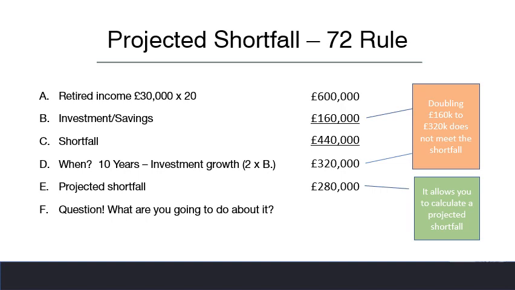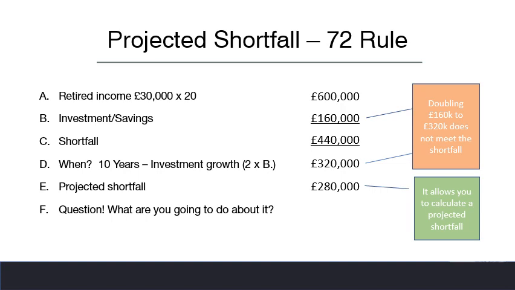So what we're saying is that the shortfall itself, the £440,000, is what we're trying to achieve the first time you come up with a plan for this client. But you can now use the 72 rule to project this growth forward and give a projected shortfall in the future, saying what are you going to do about the projected shortfall?